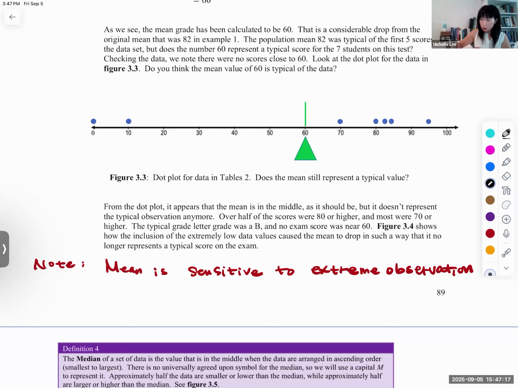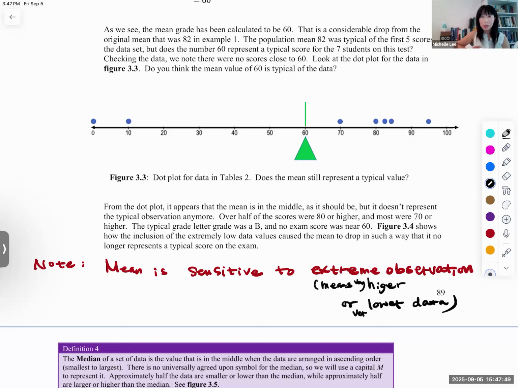All right. That means extreme observation, very high or very low data, then the mean is also going to be lower or higher.